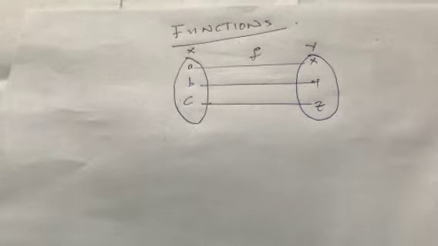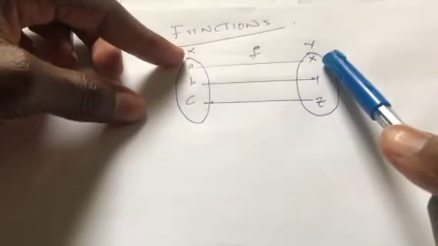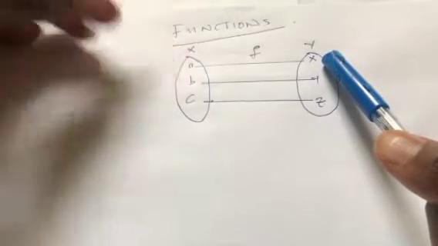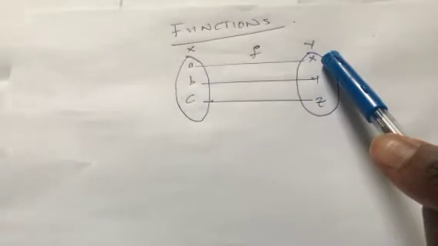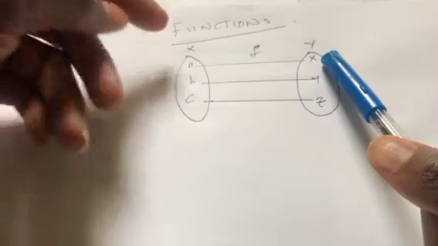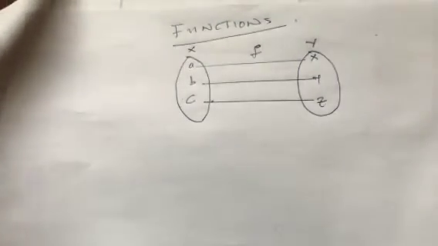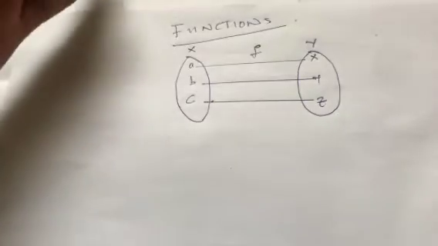Someone can even ask you to define what a function is. A function F is a correspondence between two sets, that is, set X and set Y. As I defined already, for you to have a function from the set X to the set Y, each element must match with one element only.